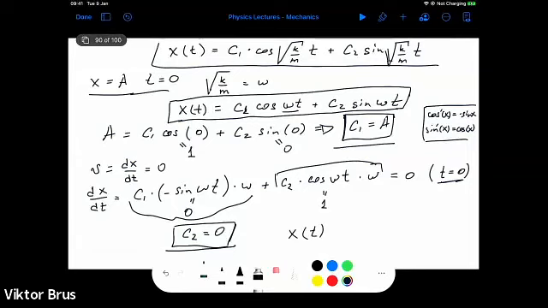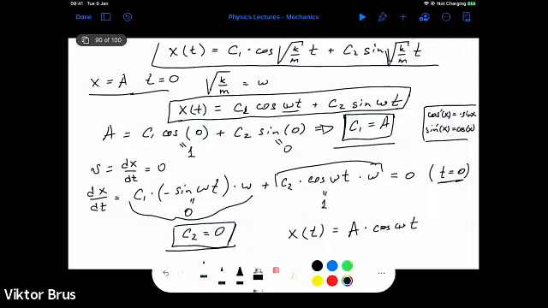X as a function of t is equal to C1, and C1 is equal to A, times cosine omega t.